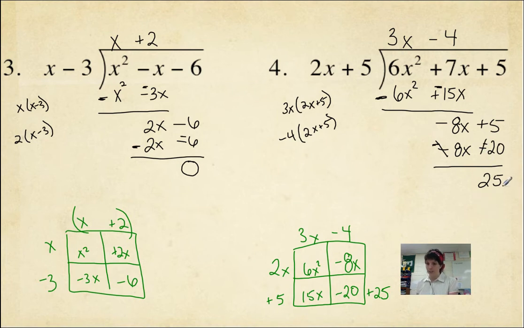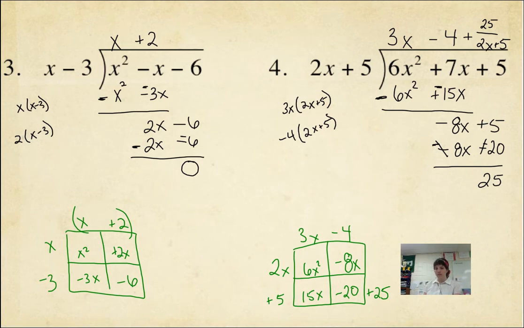We have a remainder, and all we have to do with a remainder is to write it as one extra piece: plus the remainder over the divisor. So this answer should be 3x minus 4 plus 25 over 2x plus 5.